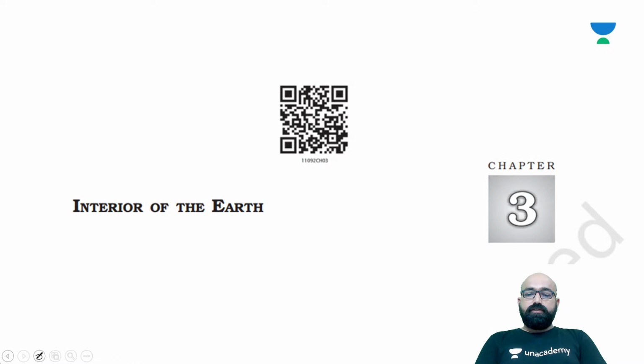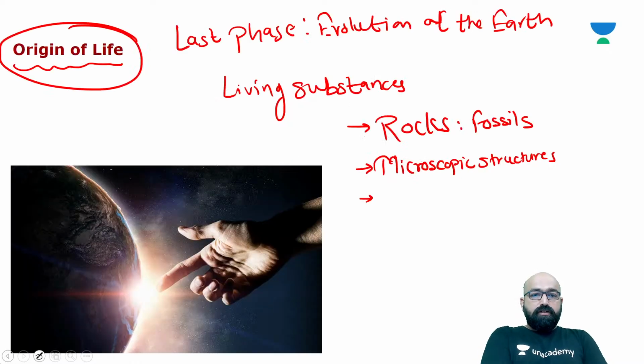So friends, today we have covered initially geography as an integrating discipline, then as a science of spatial attributes, branches of geography, importance of physical geography.